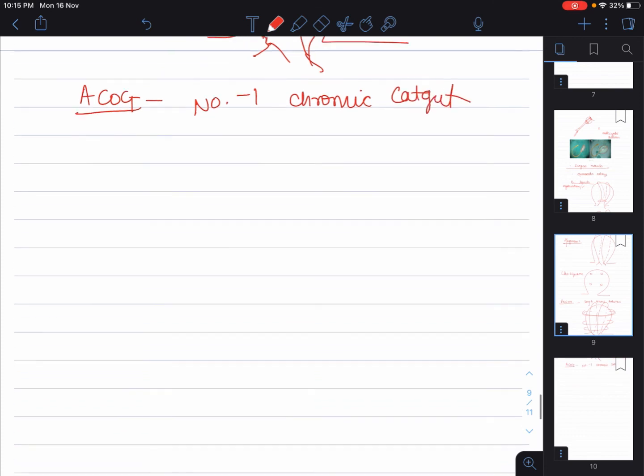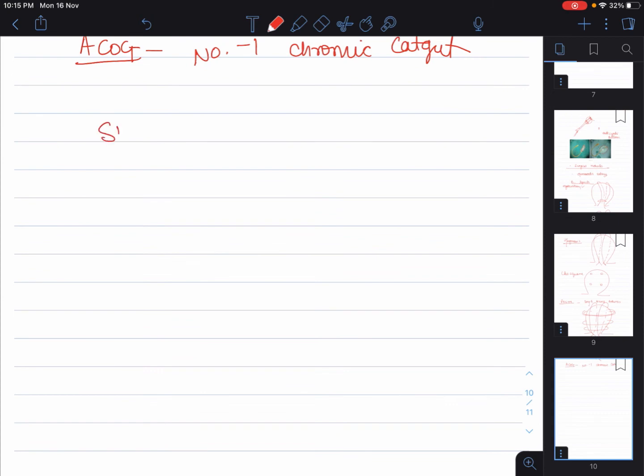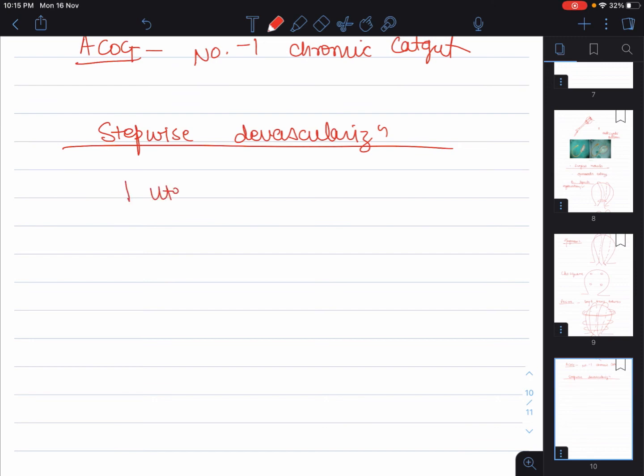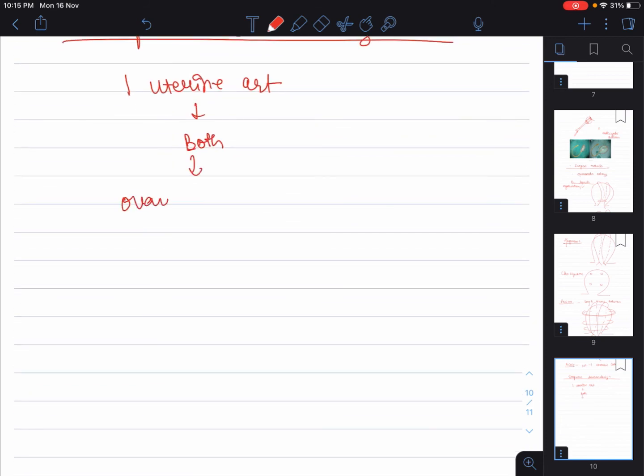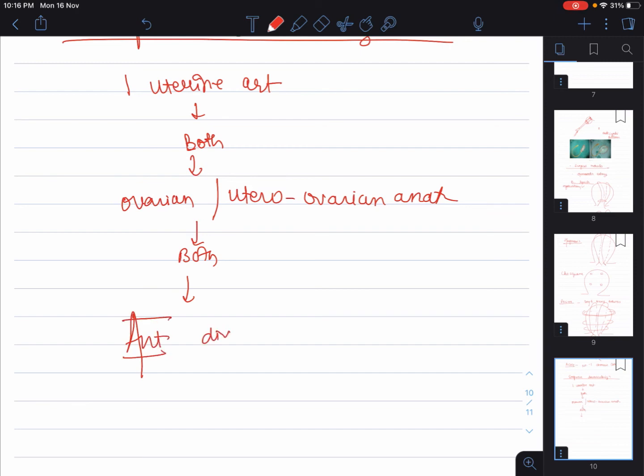Right. The other thing that you can do is stepwise devascularization. Now this is very important because people ask what are the vessels that you will devascularize and in what order. So first we ligate one uterine artery, the side that we suspect is bleeding, and then we ligate the other also. After that we ligate the ovarian and uterovarian anastomosis, first of one side then both. Finally, the very famous anterior division of the internal iliac.